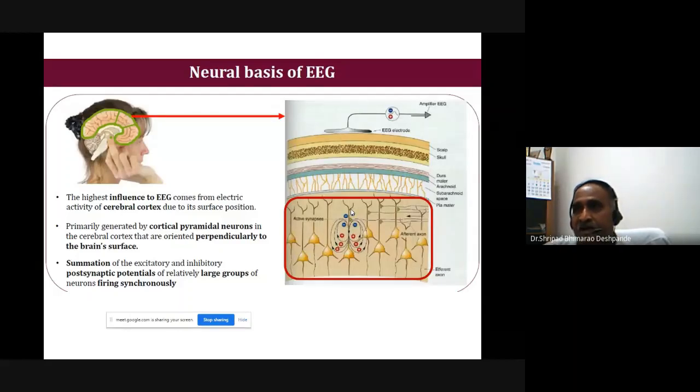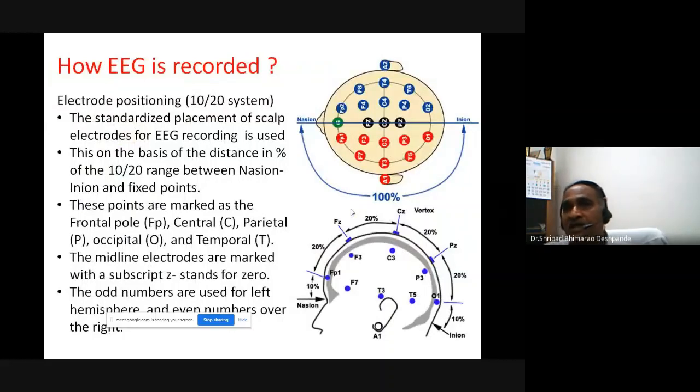Okay, now coming back to how EEG is recorded. I'm not going into the history. I'm just going to the recent situation, how we record the EEG. To record, say with the ECG, you require the electrodes, the leads, the positionings, and the amplifiers.